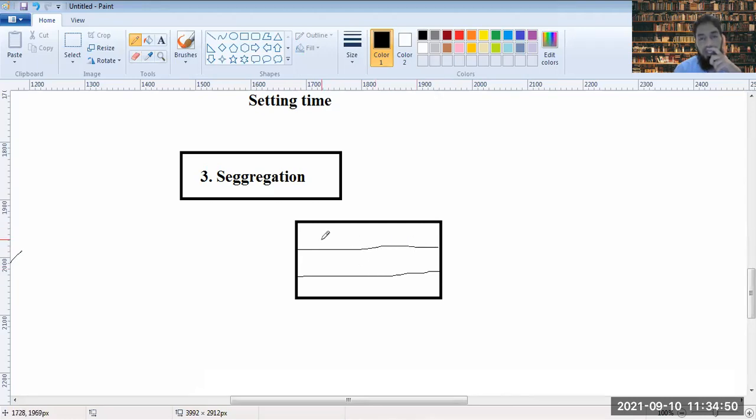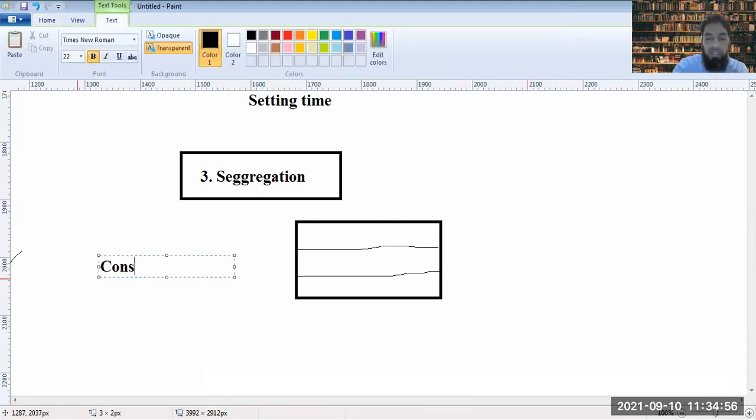Now in a consistent concrete mix, you would have aggregates, cement paste, and water in proper combination with each other. Even if there is an admixture, they will be in proper combination, and the overall mix will be consistent throughout. You will not have zones where there are only aggregates.